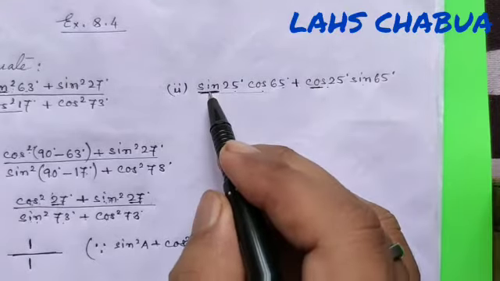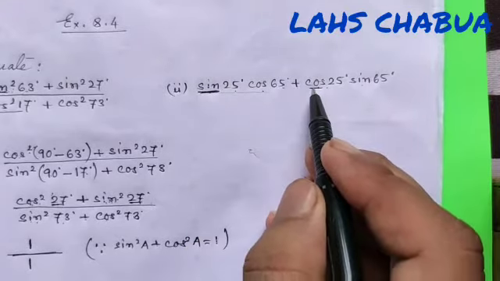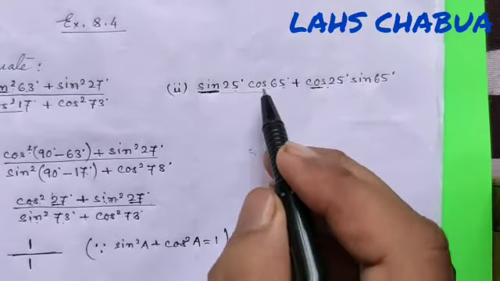If you change sine in the first term, then change cos in the second term. If you change cos in the first term, then change sine in the second term. Otherwise you won't get the identity sine square A plus cos square A. If sine changes into cos, then the angle has to follow the complementary identity. Let us solve this sum.